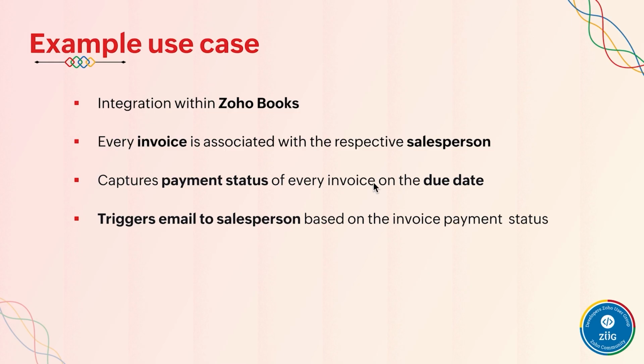For example, if the invoice status is changed to overdue, an email has to be triggered automatically to the salesperson to take the necessary action to collect the payments. In the same way, if the payment is made on time, then we can send a congratulations email to the salesperson for collecting the payment on time.